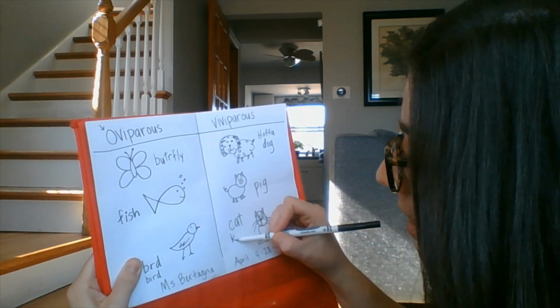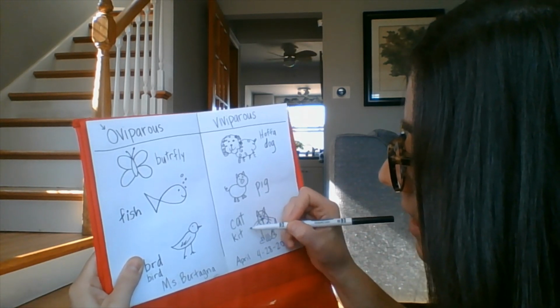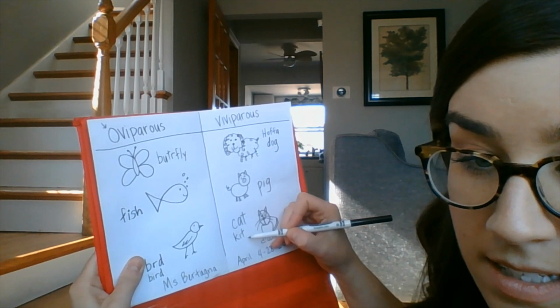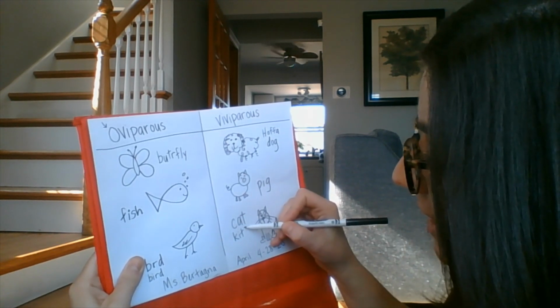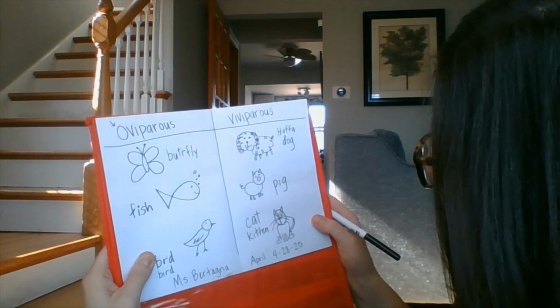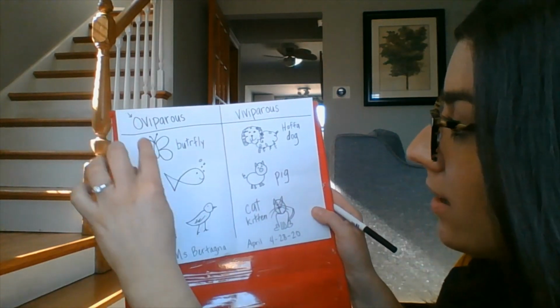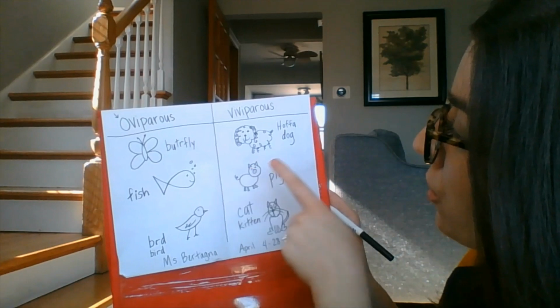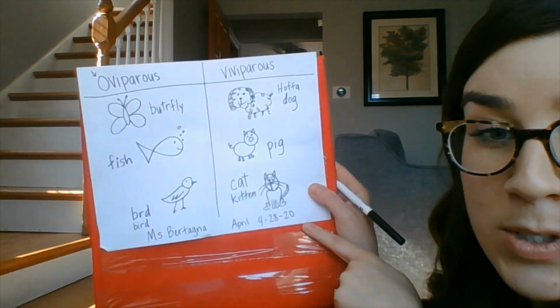Ready? Kit, and then cat or kitten. All right, so we have a list of 3 oviparous creatures and 3 viviparous creatures.